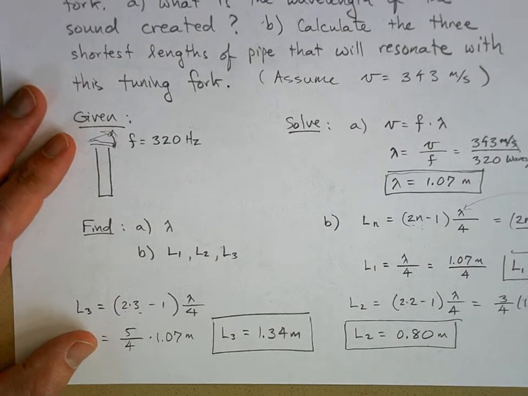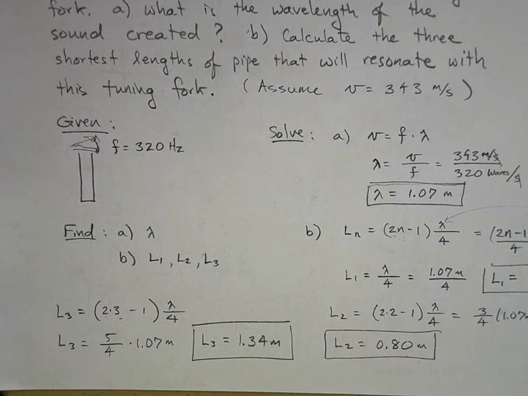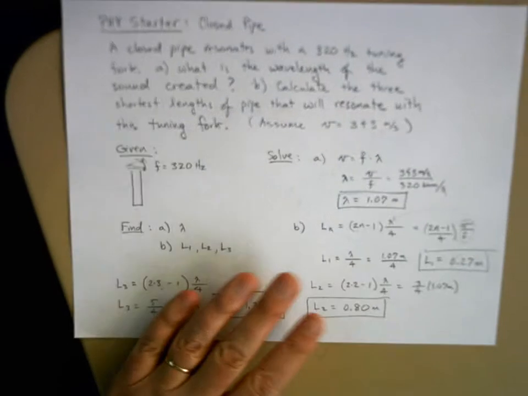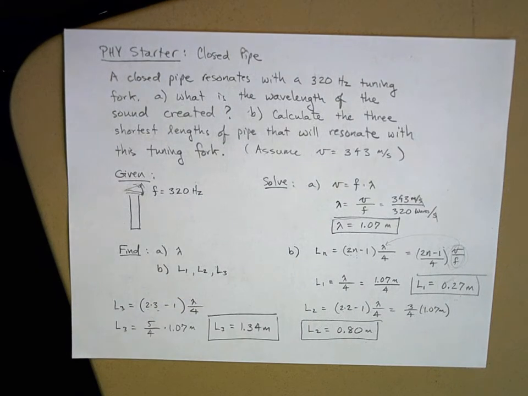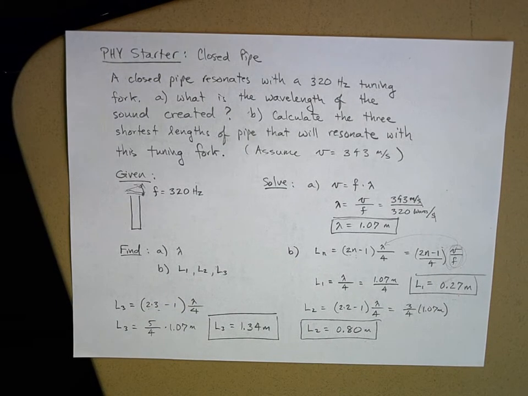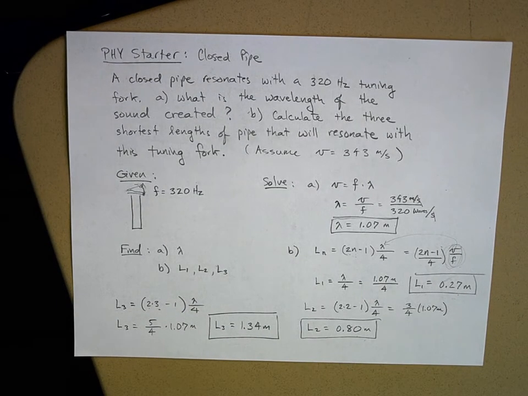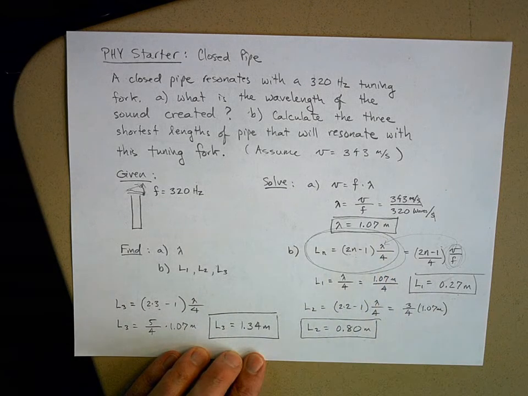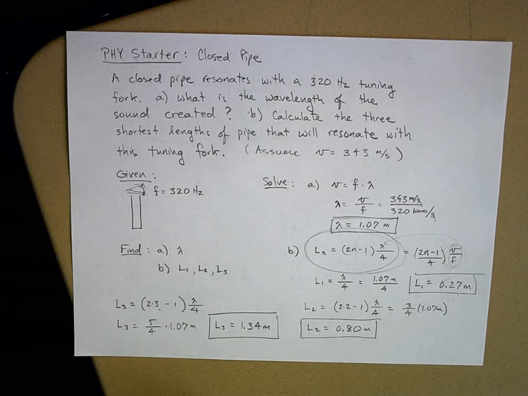Now, on the exam for this, you'll get a problem like this where you will need to know, okay, it's a closed pipe, I want different lengths, so which one do I use? So you need to know how to use this equation to figure out the different lengths of pipe.